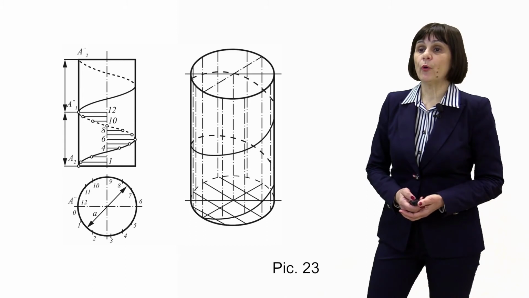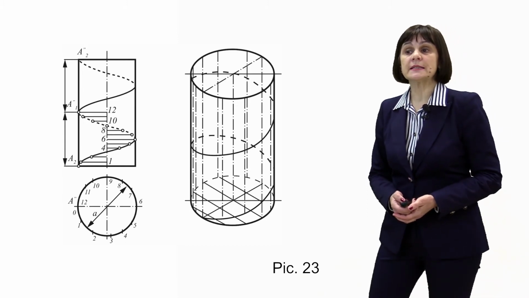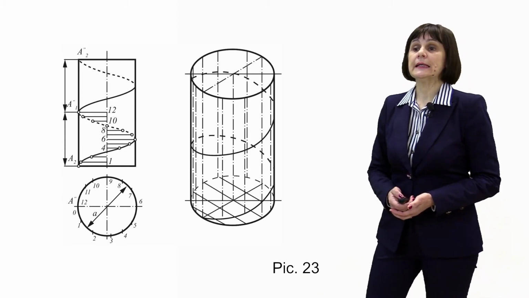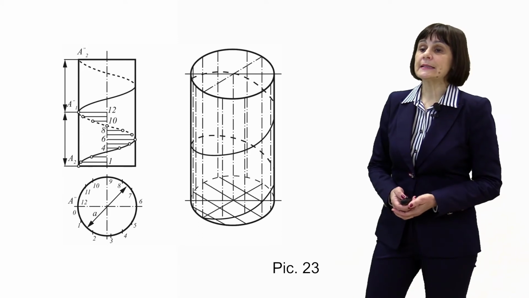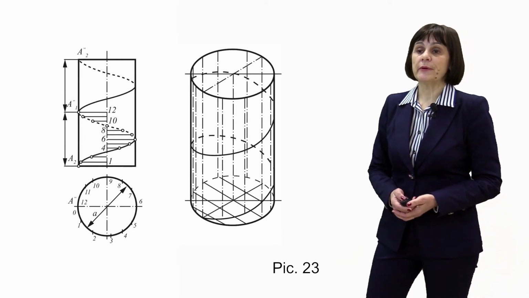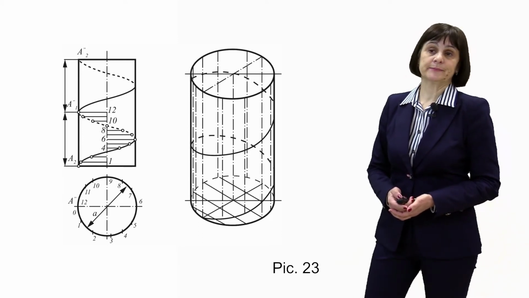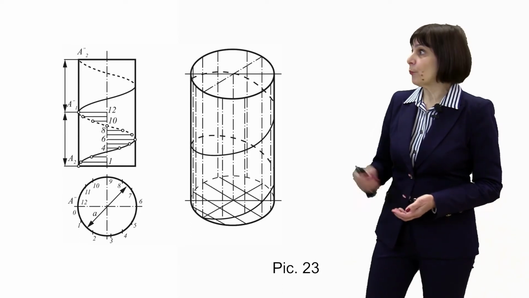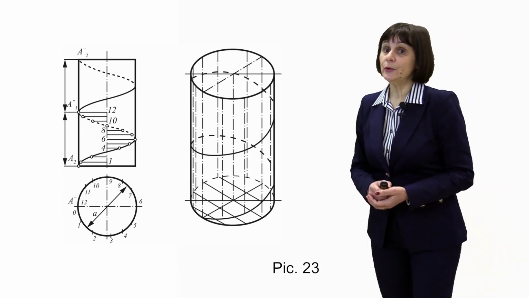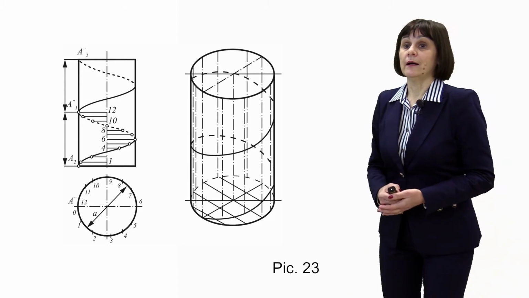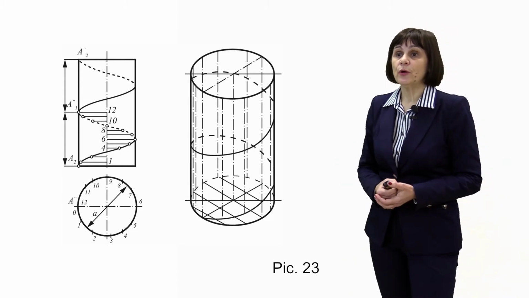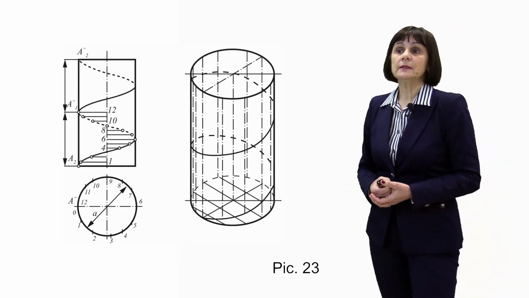The axis of the cylinder will be the axis of the helix, and its radius will be the radius of the helix. So, on this drawing, you can see the construction of this helical line.